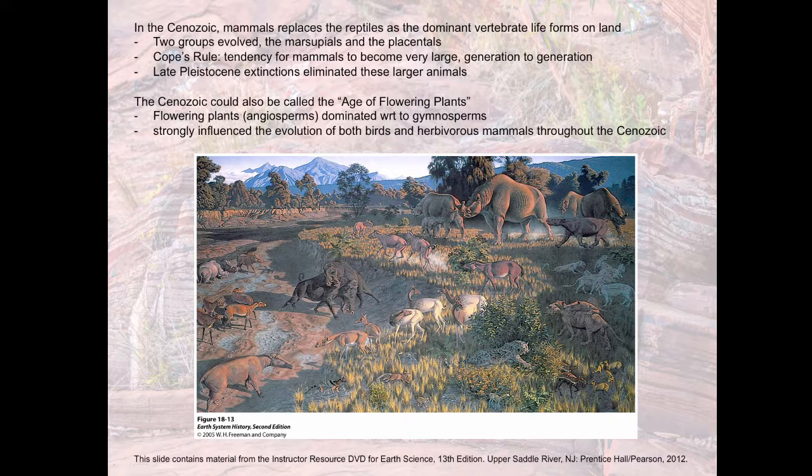And in the Cenozoic, mammals replaced reptiles as dominant vertebrate forms. Marsupials and placentals evolved. Mammals tend to get larger over generation and generation, so mammal groups tend to become larger. It's Cope's rule. But late Pleistocene extinctions eliminated these large mammals, large animals.